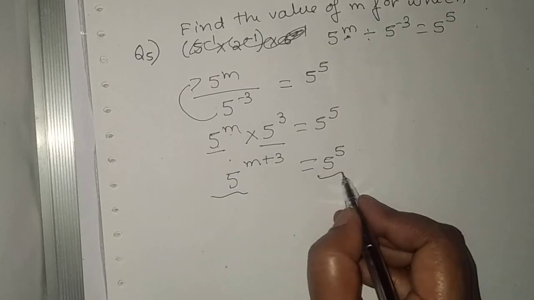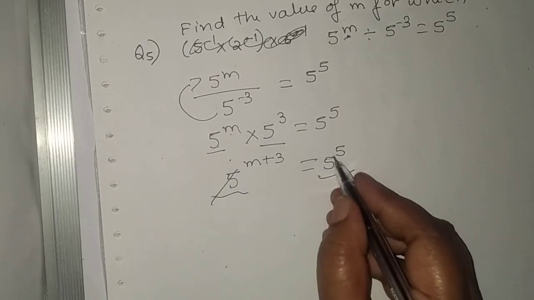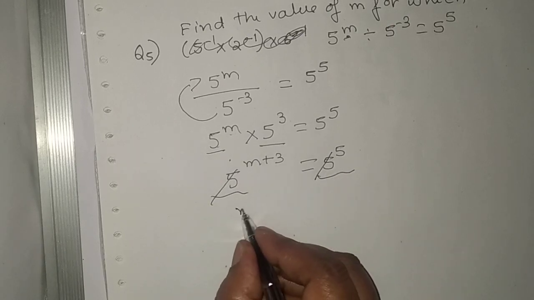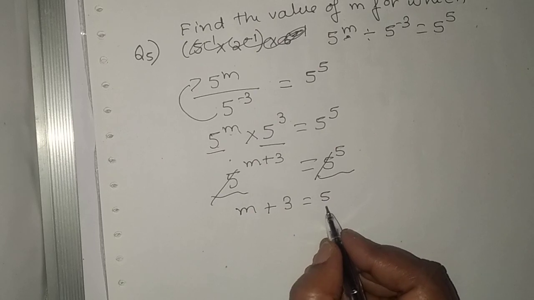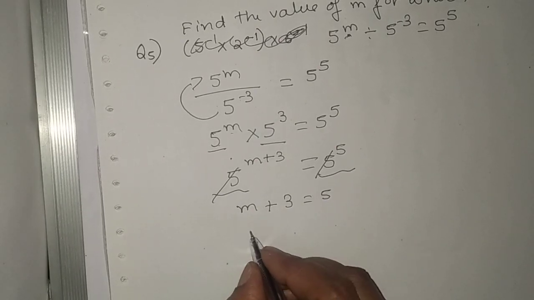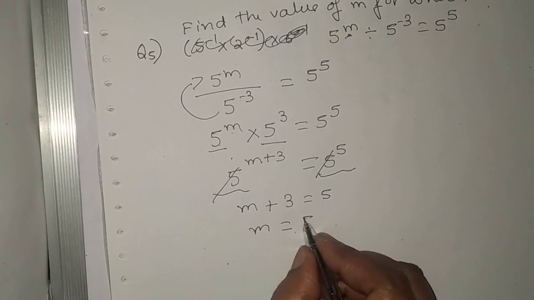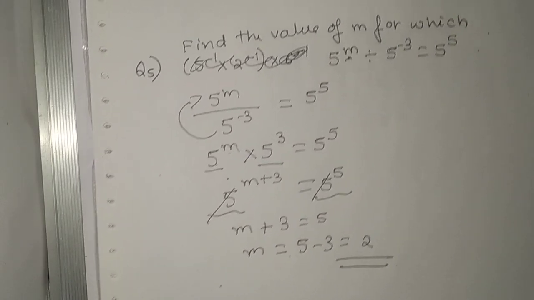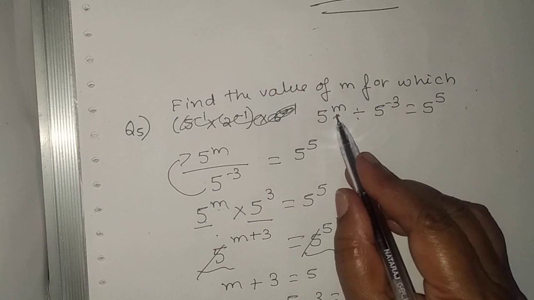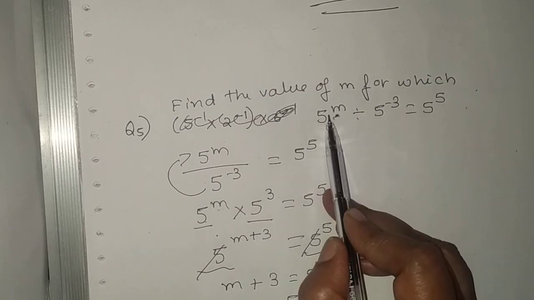Since all the bases are common, we can cancel this and take only the powers. So m plus 3 is equal to 5. So m is equal to 5 minus 3, which is 2, is the answer. This is very simple, we just have to be careful while solving. So this is the problem given.